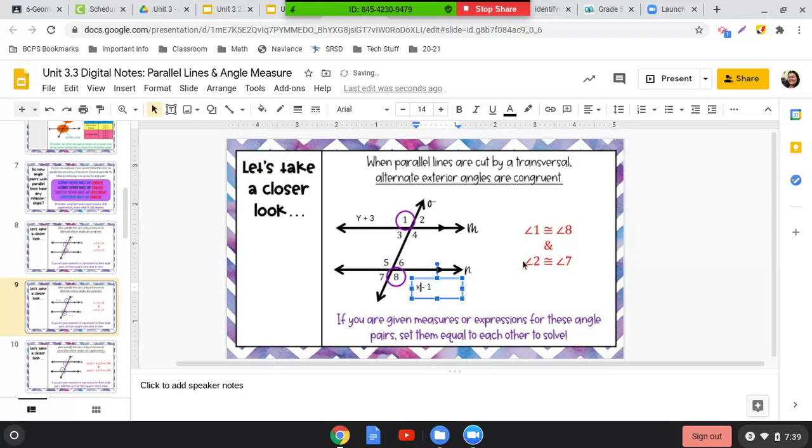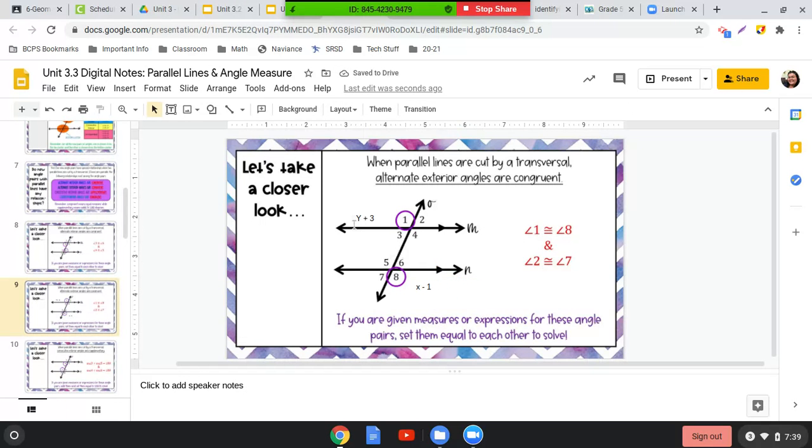There we go. You could say that y plus 3 is equal to x minus 1 because you know that these two angles are congruent. You know that they equal the same measure. So y plus 3 is going to be equal to x minus 1.